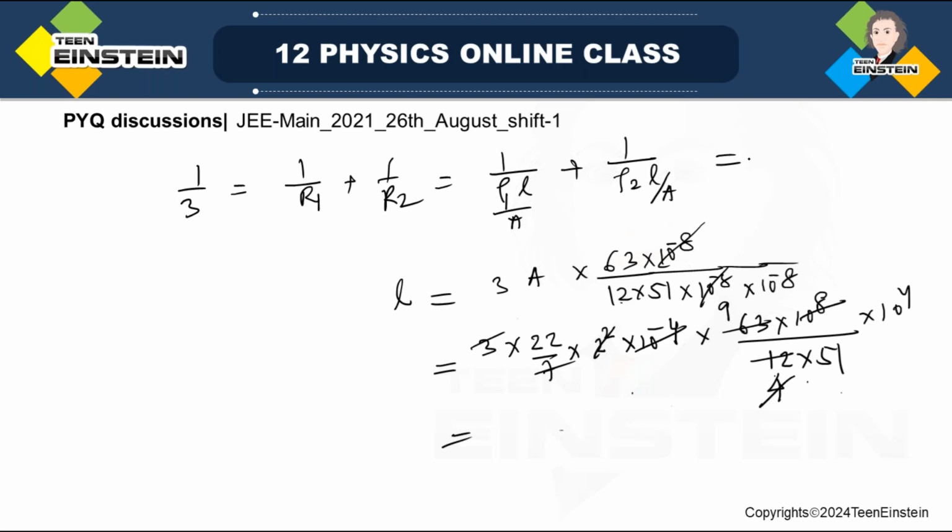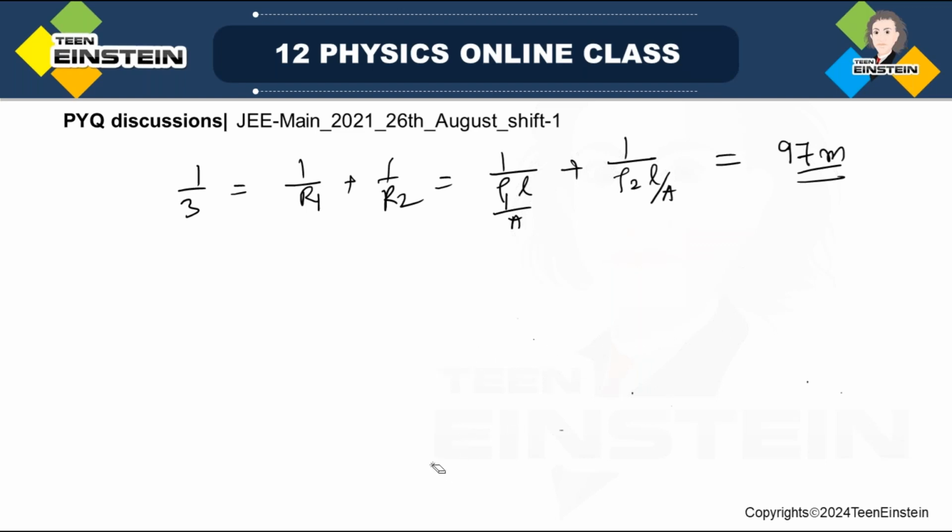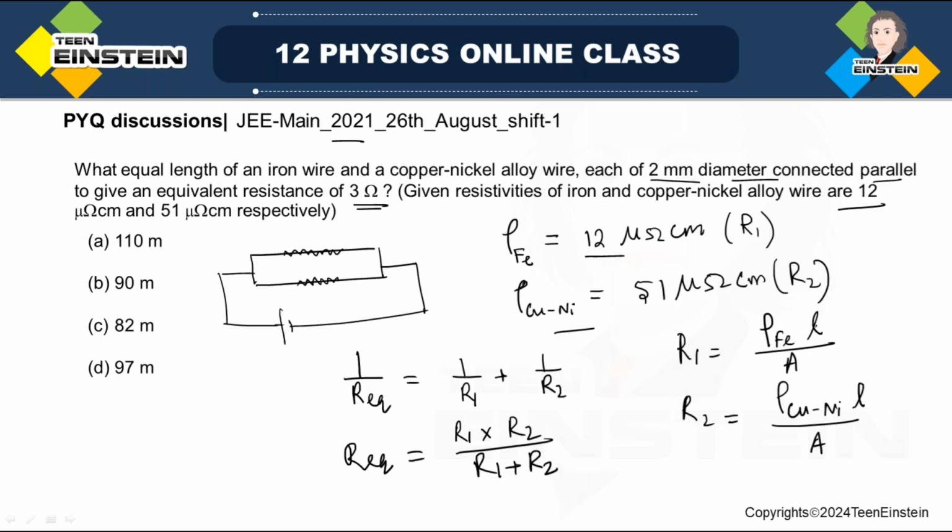Oh, it's not my day today with this problem. Anyway, dear students, it will be 97 meter. Okay, just do the calculation. I'm just rubbing this because I'm stuck again and again with this calculation part, which is really bad. Anyway, you try this. I'll recheck where I was making the mistake in the next class.